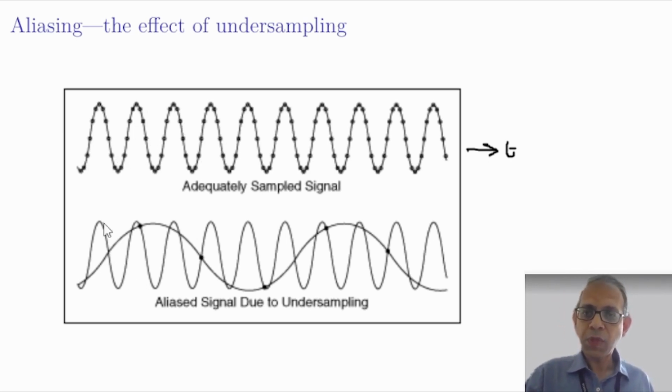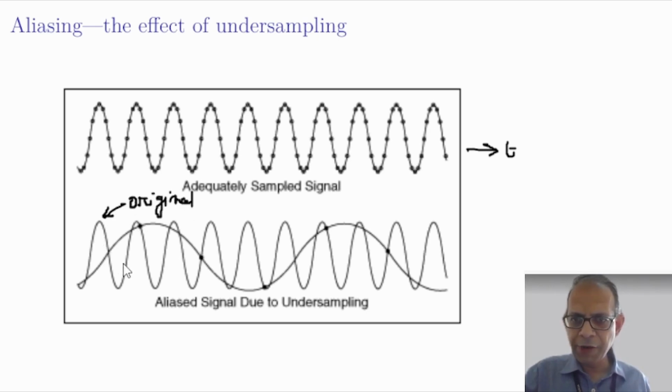However, for the same sinusoidal signal, if the sampling rate is made smaller than the Nyquist rate, as you can see here in this second case, suppose we take samples at these points shown by dots here, this and then this and then this, you can see that we are taking the samples at a rate lower than the Nyquist rate.